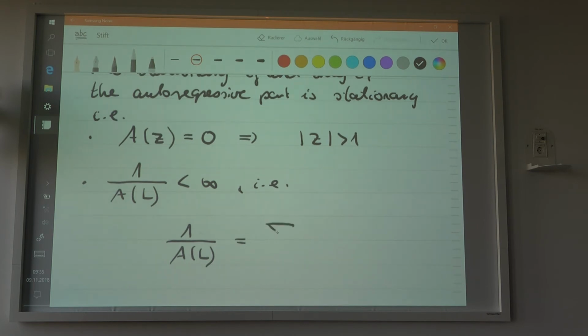You would get the sum for j equal to 0 to plus infinity of alpha j times L to the power of j, where the alpha j are some coefficients.